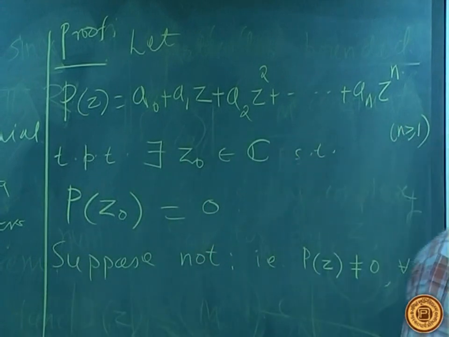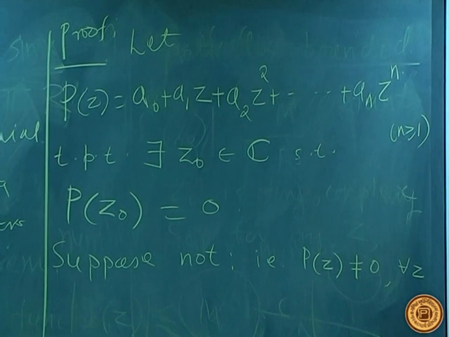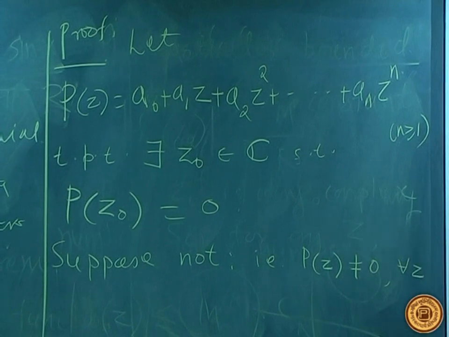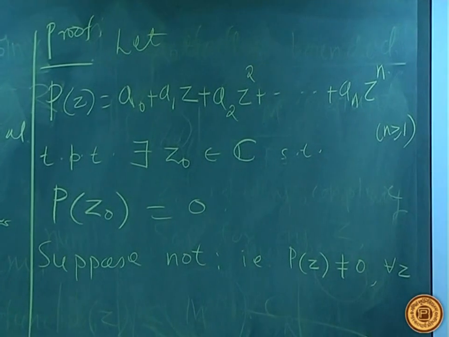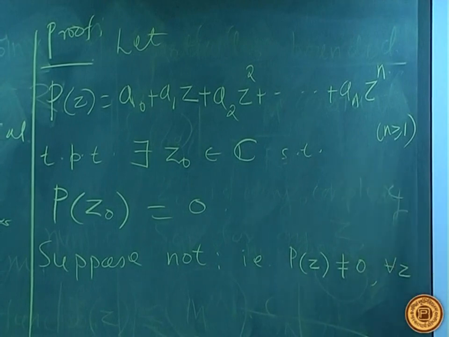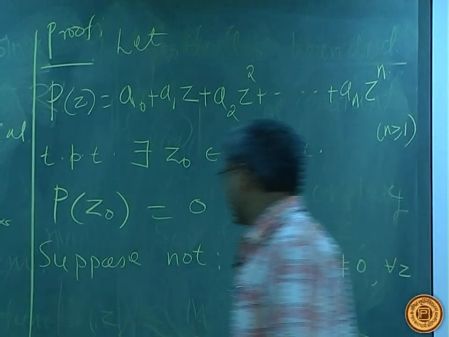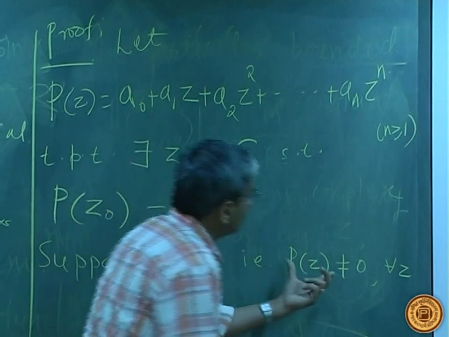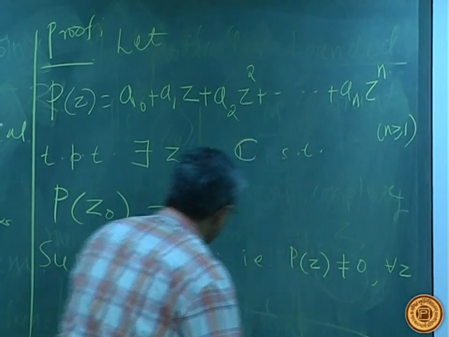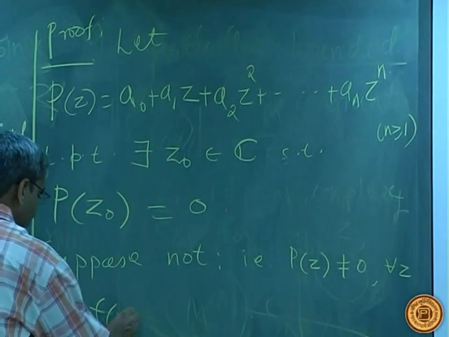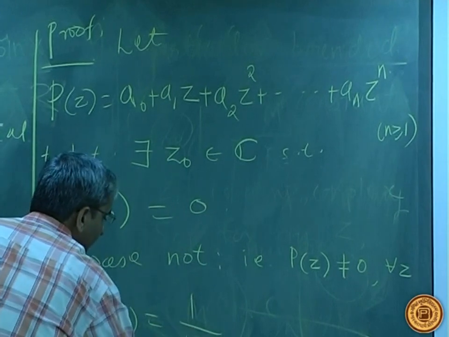Is this clear? We want to find one point where it is 0. Suppose not, then it is not 0 at any point. And then we will have to arrive at a contradiction in order to prove the theorem. Okay. All right. So now this is not 0 at any complex number. Then you consider the function f(z) equal to 1 upon P(z).